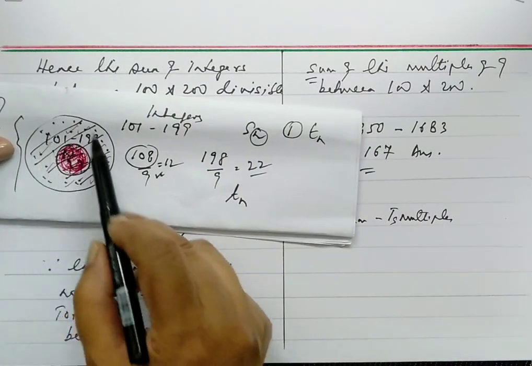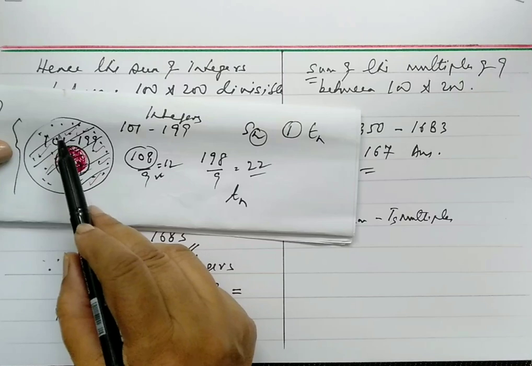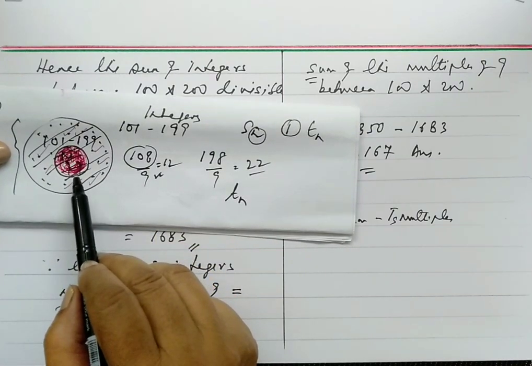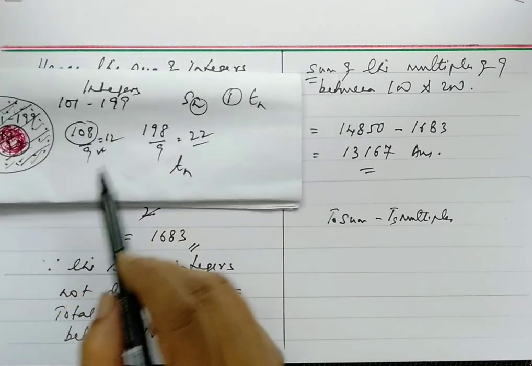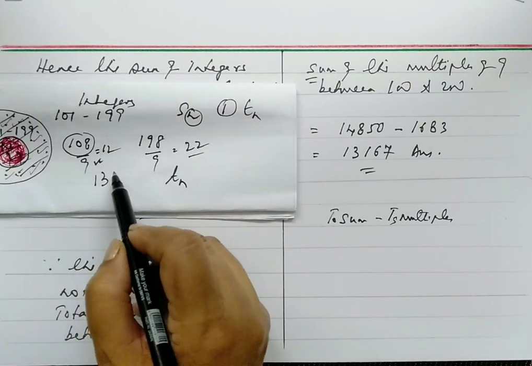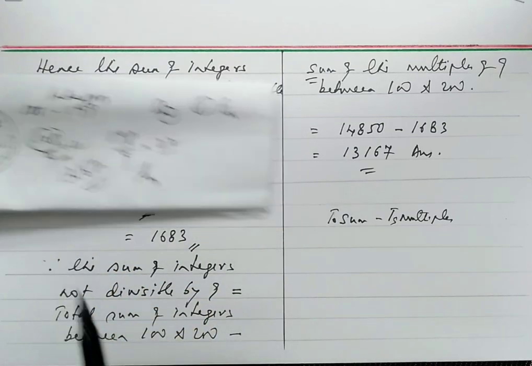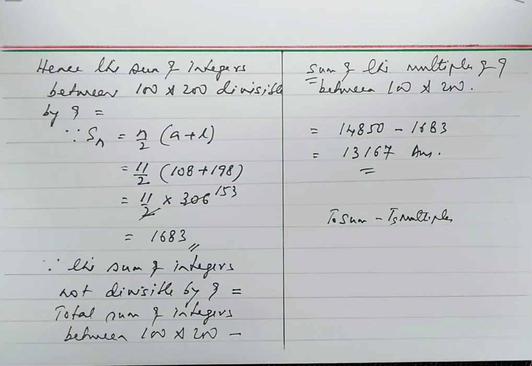You add up and you get that the numbers which were not multiples of 9 add up to 13167. Am I right?